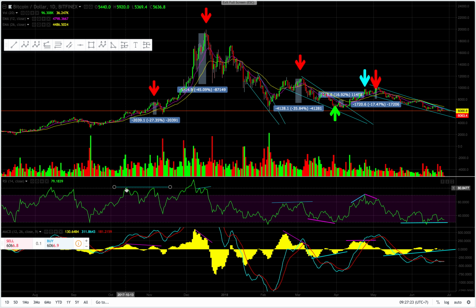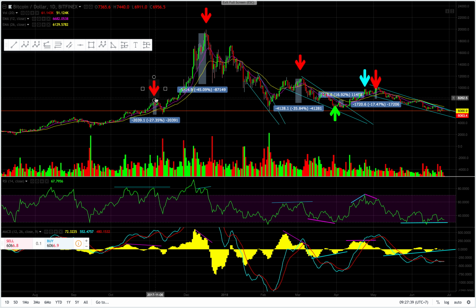So here, as I mentioned, you generally want to be looking for not only a higher price, but a lower RSI. Here the RSI is the same. But if we go down to the MACD, you will see that it actually has a lower low over here.